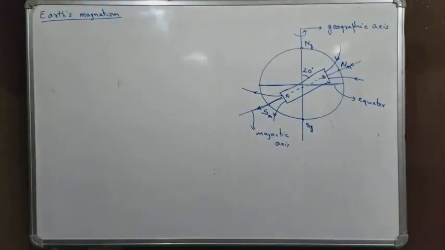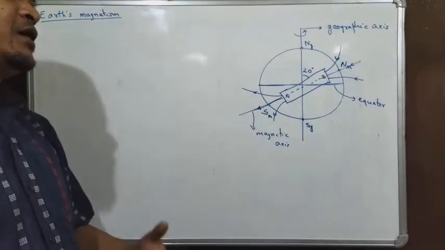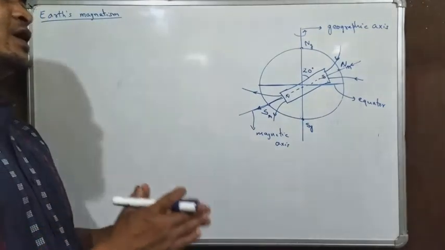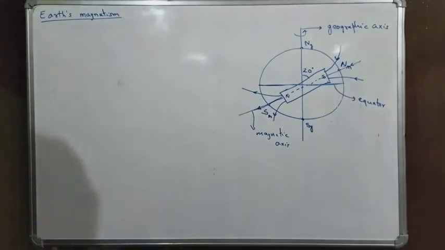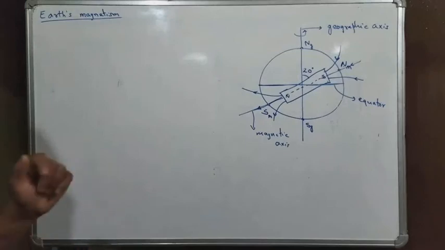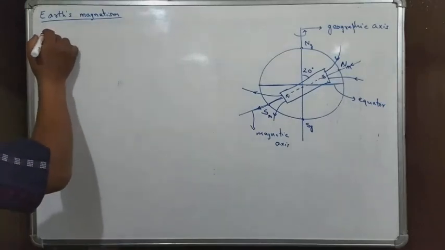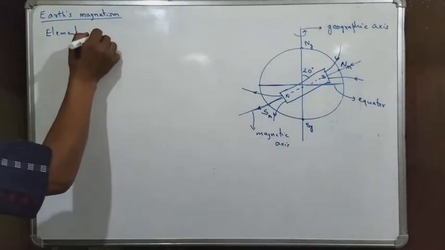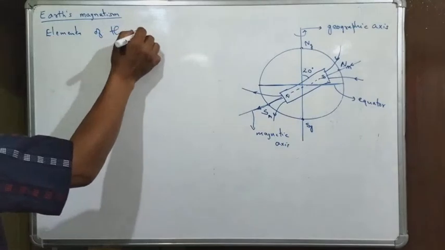Now, if you want to determine the magnetic field at any point on the surface of the earth, you require three parameters to know completely about the magnetic field at that point. These three parameters are known as the elements of the earth.